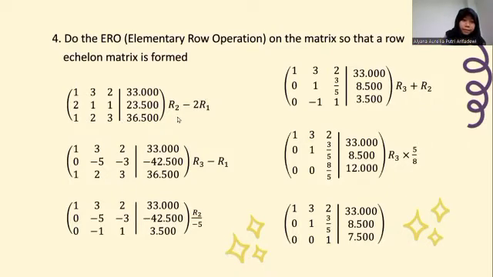So we will do row 2 minus 2 times row 1. So we will go from this matrix to this matrix.